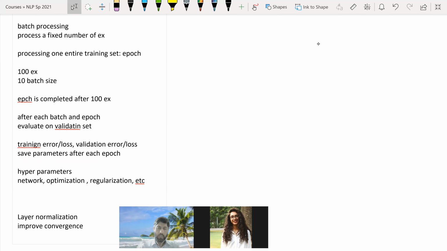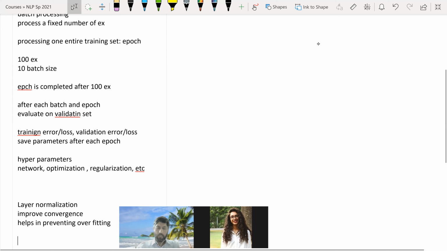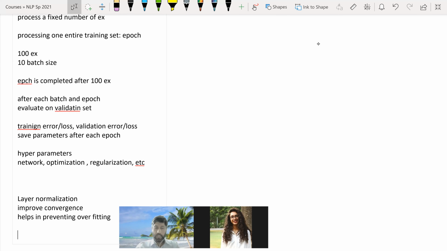And sometimes it also helps in preventing overfitting. And we'll talk about overfitting just shortly today. We had already talked about overfitting before, so you know the concept. So there are a number of layer normalization techniques, and let's mention those very briefly. The first one is called batch normalization.